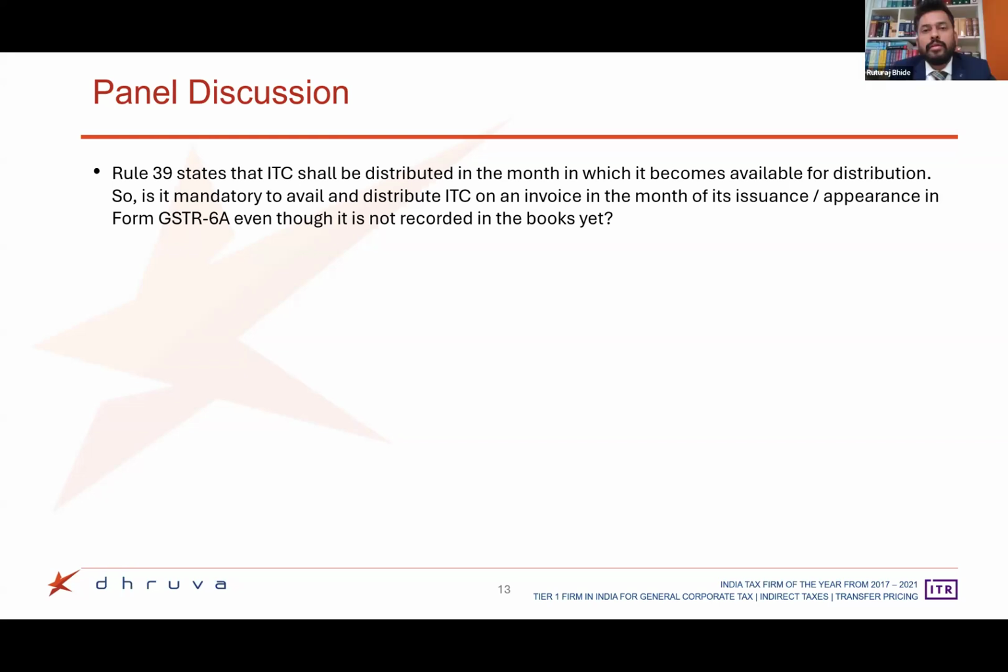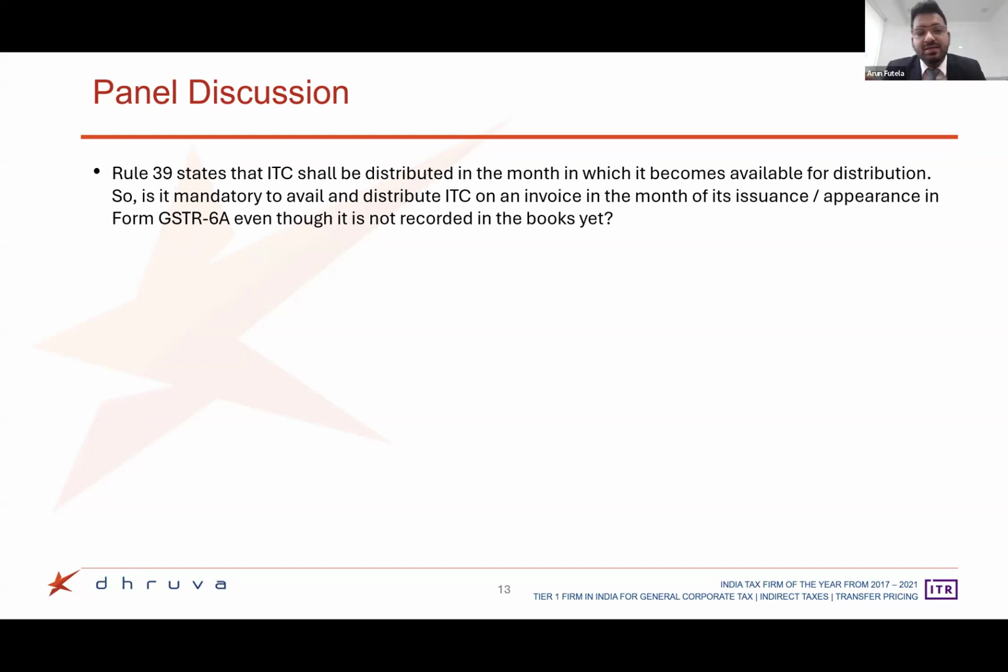If you file a return and add that invoice in table 3, within that month it becomes available for distribution. So basically, once an invoice has appeared in my GSTR 6, it is the recipient's call. If the invoice booking hasn't yet happened, the recipient can hold that invoice and not report it in table 3. The reporting can happen as and when the booking or other processes are completed, so long as I'm within the permissible timelines for availment of credit.